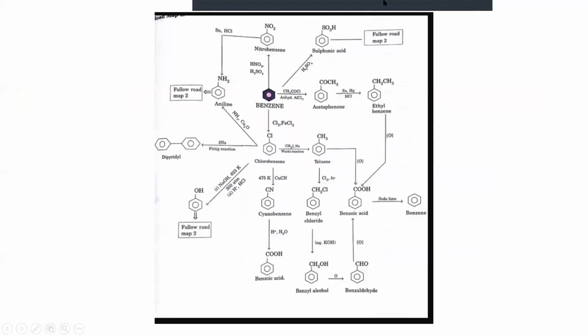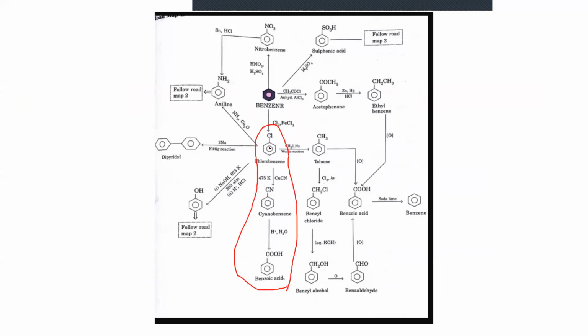Today we will discuss another conversion, from chlorobenzene to benzoic acid.